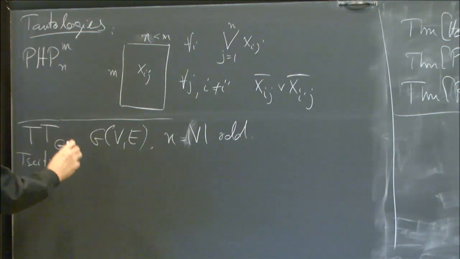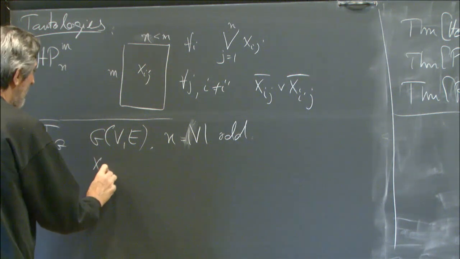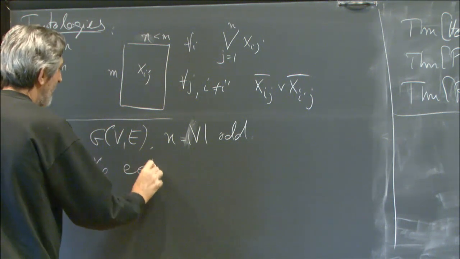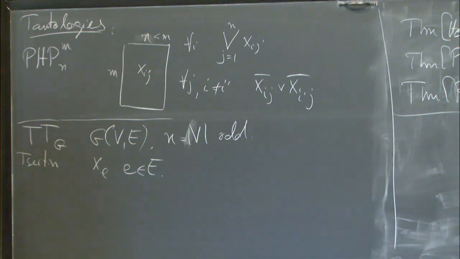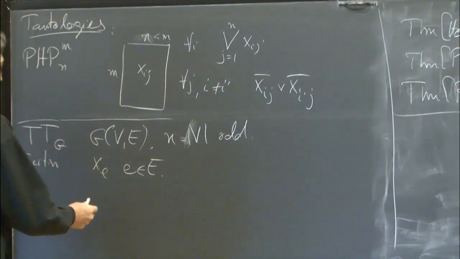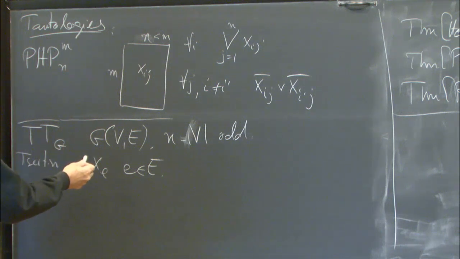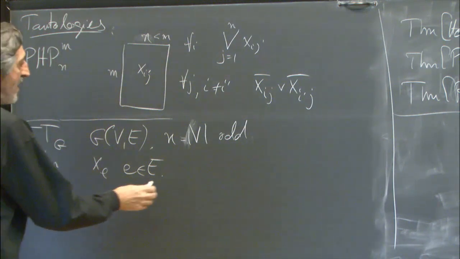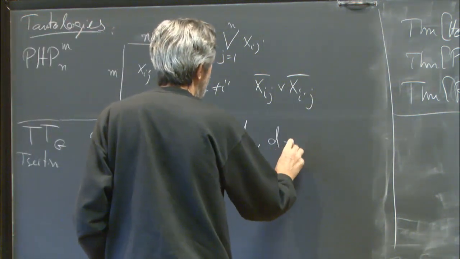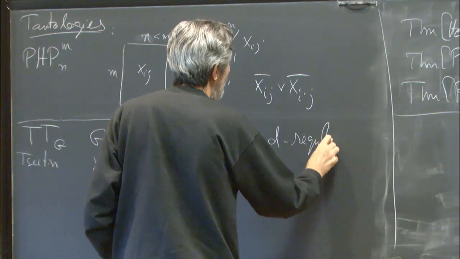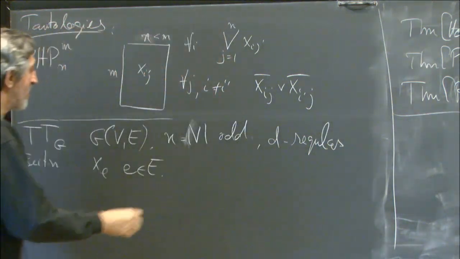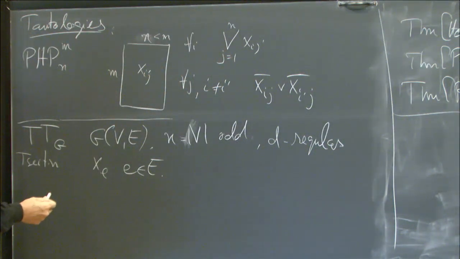The variables here are associated with the edges. For every edge, we have a variable. And the tautology claims that... I'll write it not as disjunctions, but as parities, but you can move to disjunctions. Let's say it's D regular, or the degree is at most D. What are the conditions?